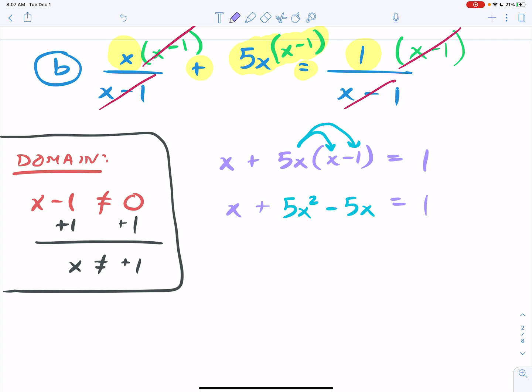Here I noticed that I can actually combine like terms because they're on the same side here. 1x minus a 5x, different signs will subtract. So 1 minus 5, that'll be 4x, but we keep the sign of the larger number, okay? Now here, we'll just bring down the 5x squared, and we'll bring down the equals 1.